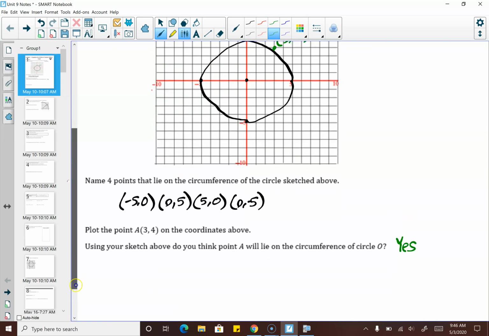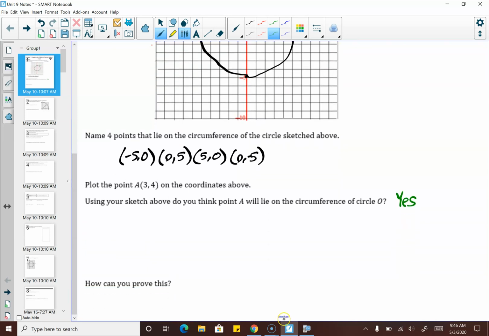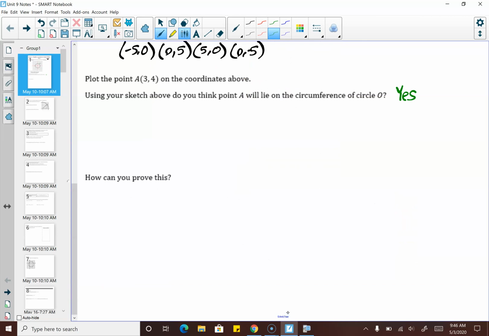How can we prove this? Well, if we look at how we can actually prove this, a lot of the stuff in circles, especially with the equations, are based off of Pythagorean theorem. Okay, and Pythagorean theorem for circles is really easy when your center is the origin.